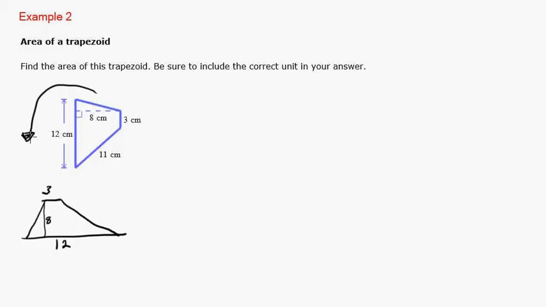So the area is equal to 1/2 the height times the top plus the bottom distance, if you want to think of it that way. 1/2 the height, once again, is 8, and the bottom is 12, and the top is 3.